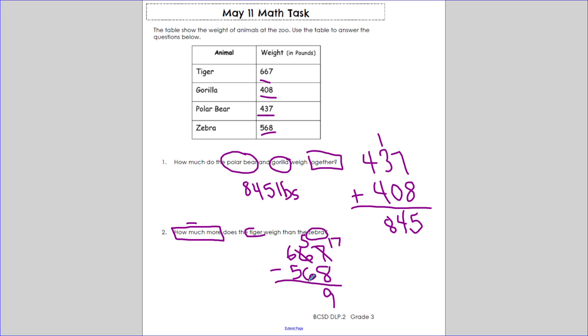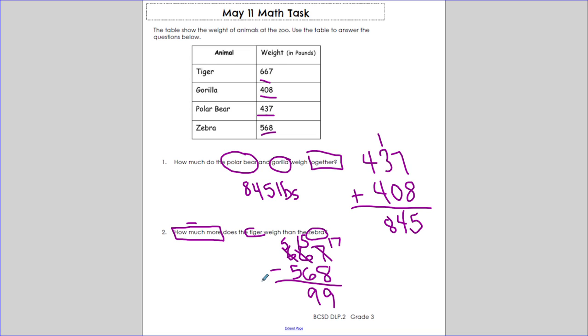Again, the bigger number's on bottom, so I'm going to go to my neighbor. 6 becomes a 5. That goes to my tens place, become 15. 15 minus 6, again, putting 6 in your head, counting up on your fingers. So I have 6, 7, 8, 9, 10, 11, 12, 13, 14, 15. So 15 minus 6 equals 9.